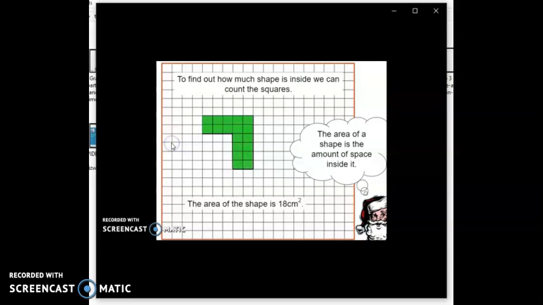It means the area of the shape is 18 centimeters square. Why do I write 18 centimeters square? Because for area my unit is square. For perimeter it is centimeter only. But for area we need to write centimeter square.